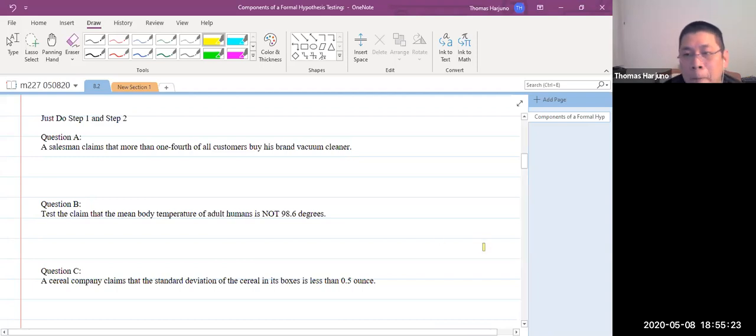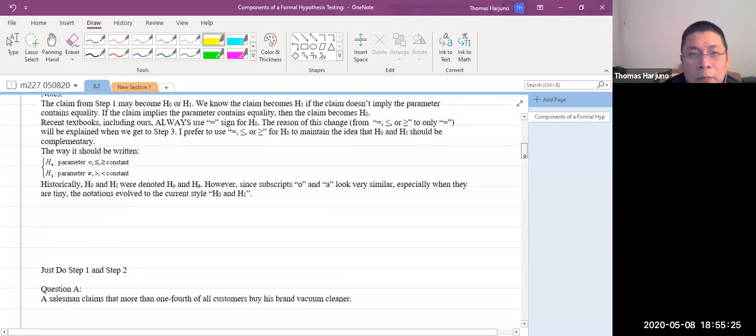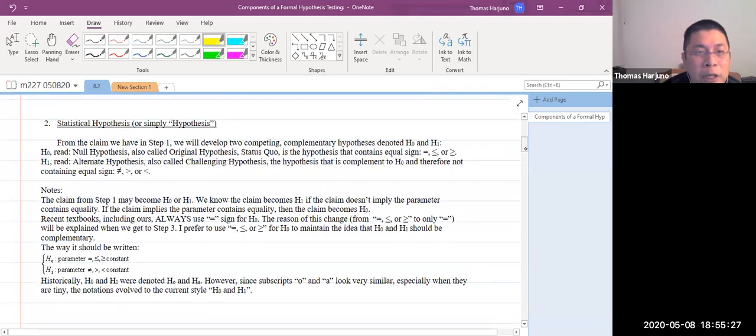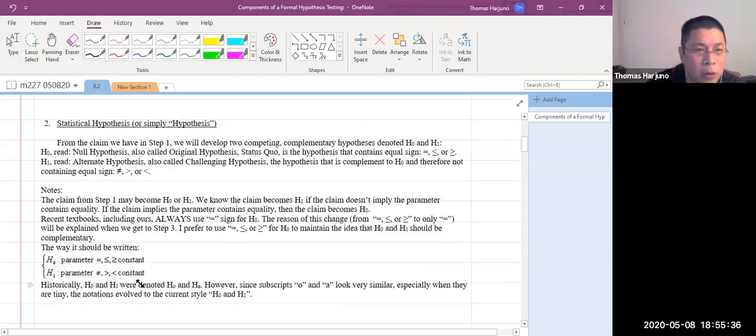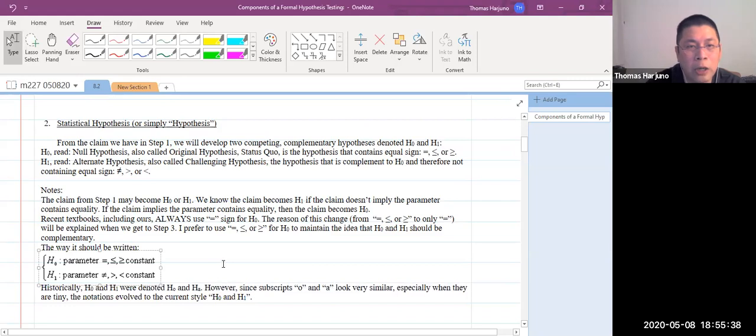Okay, now the second one, the one that can be confusing, is the statistical hypothesis, or most of the time in our textbook or in the actual report, they just say hypothesis. Now, here's the thing.